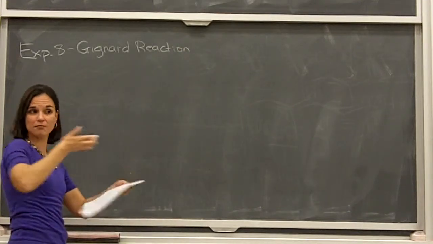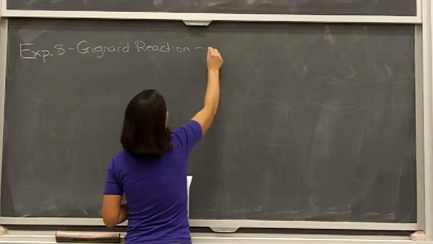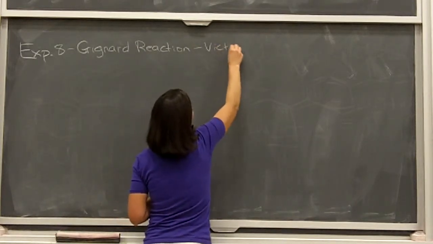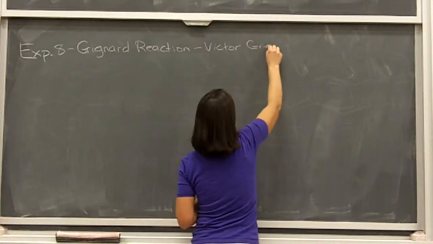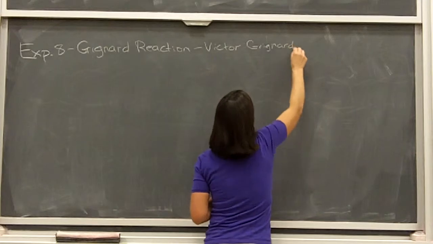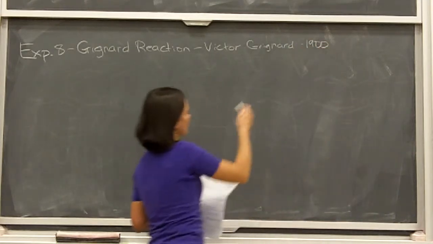So feel privileged that you get to participate in this. Our reaction is named Grignard for a reason. Victor Grignard discovered this reaction in 1900. He won a Nobel Prize for it.